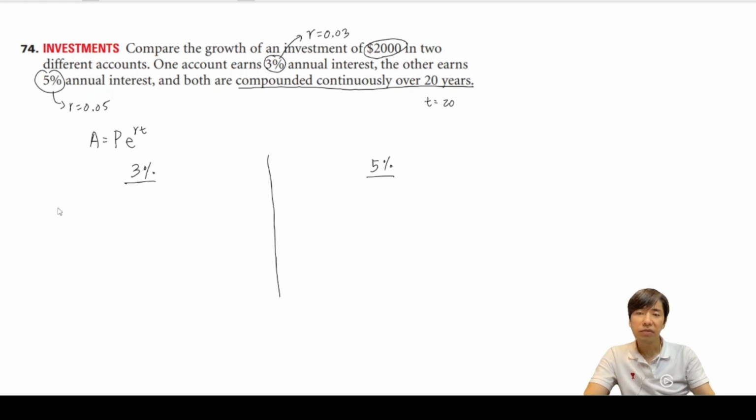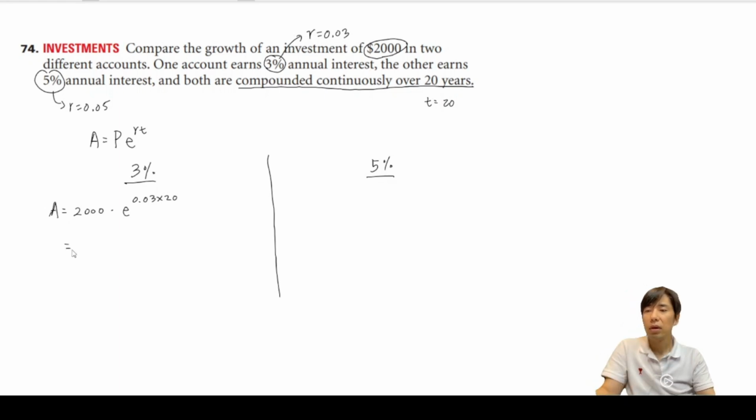the account balance after 20 years would be A is equal to P, which is 2,000, times e to the power of 0.03, the rate, times t, which is 20.